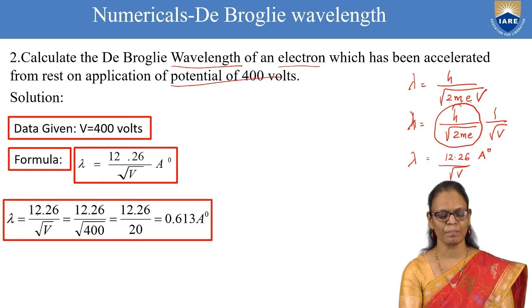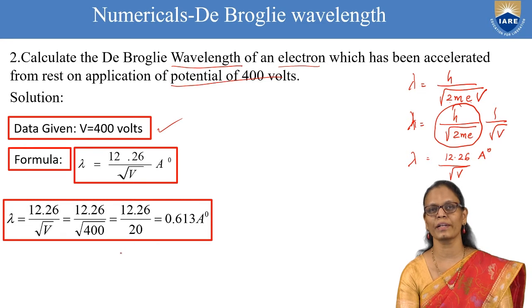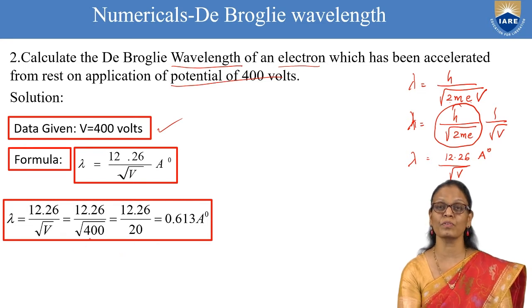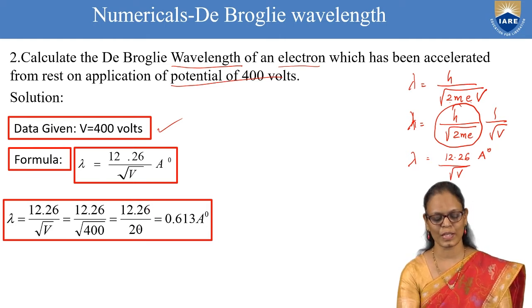So it is now very simple. For V, what are we substituting? 400, which is given. 400 volts is given, so we substitute 400. So under root 400 is 20. So it is 12.26 by 20, which gives us 0.613 angstrom.